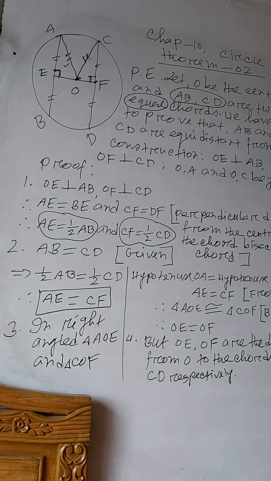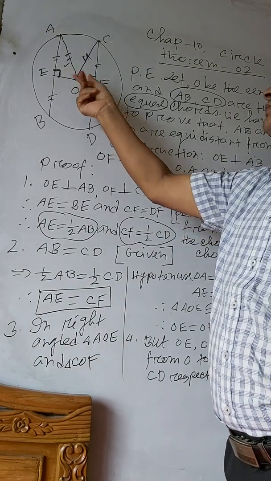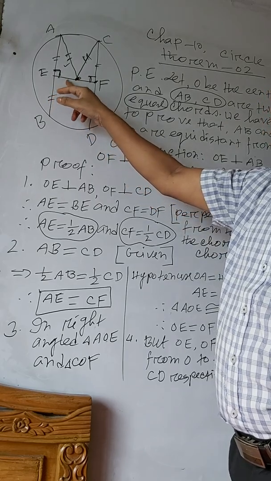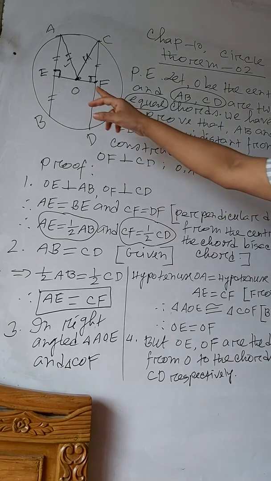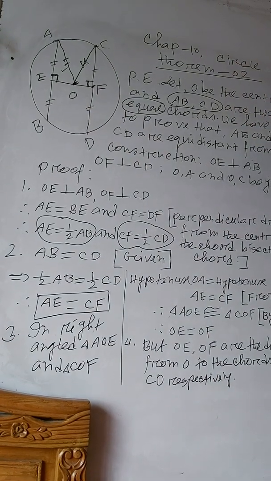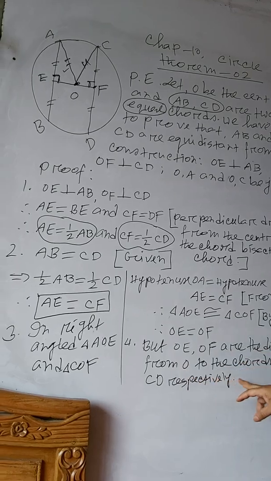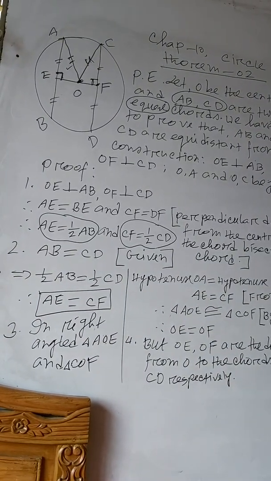That means the lengths OE and OF are the distances from the center O to the chords AB and CD.